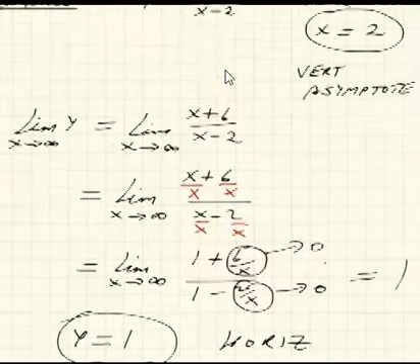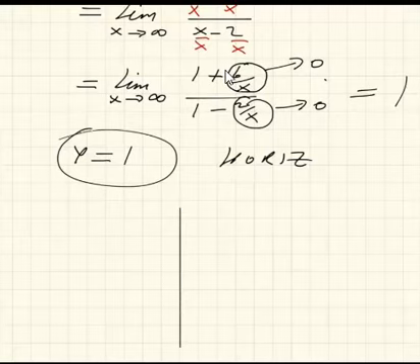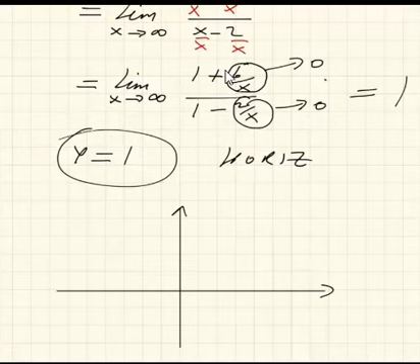As we saw earlier, the vertical asymptote was x equals 2. So before we start drawing the graph, we know immediately where the asymptotes are. There's an asymptote at y equals 1, so if we drew a line straight across there, that's one of them.